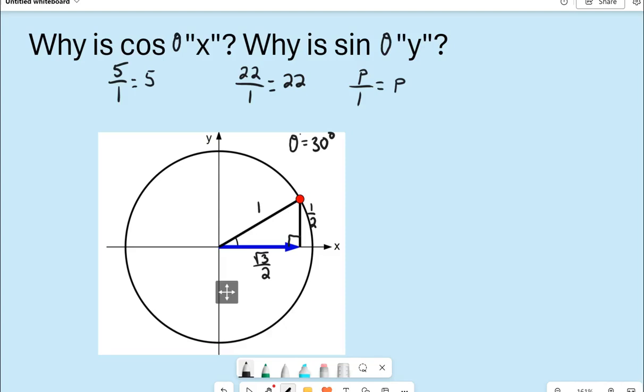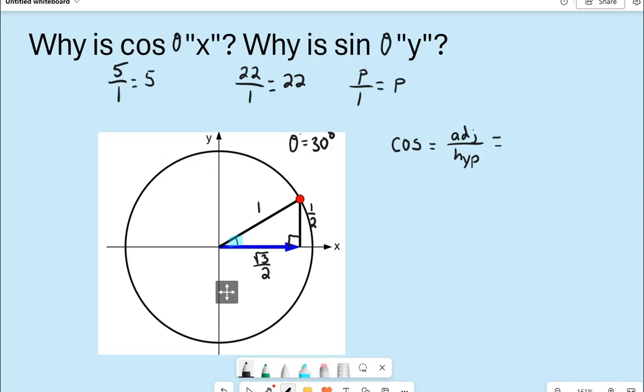Remember from geometry that cosine is equal to adjacent over hypotenuse, right? Looking from this angle's perspective, what is the length of the side that's adjacent?